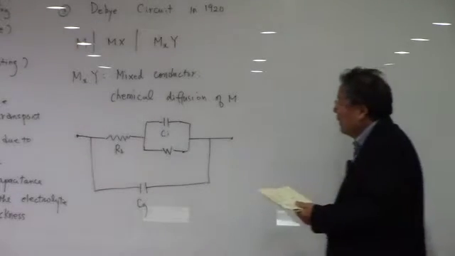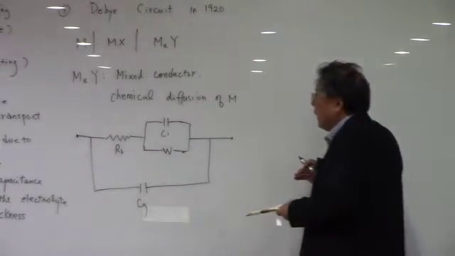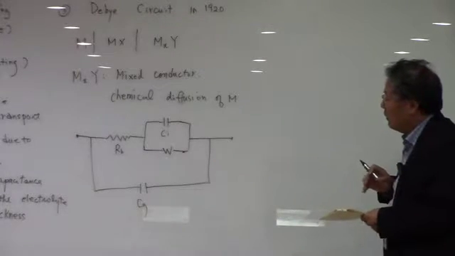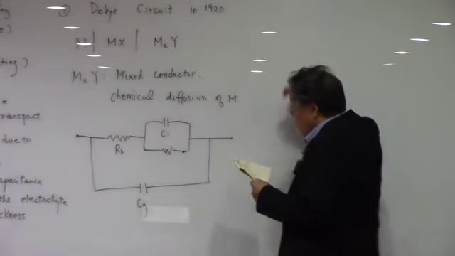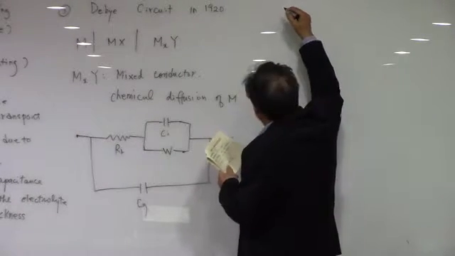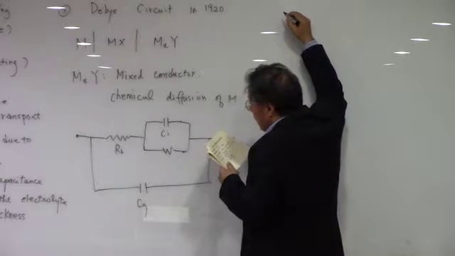Okay, that's a very essential thing. So this AC impedance spectrum is a very important thing that we have to analyze in every electrochemical cell.